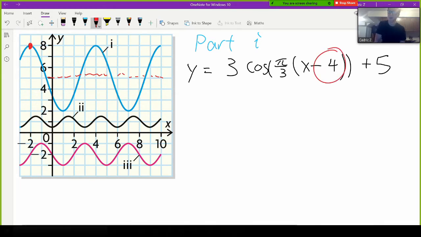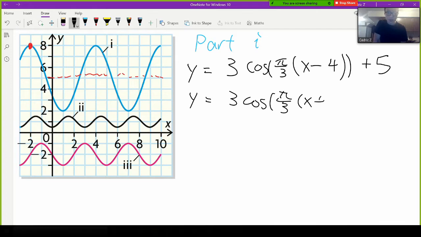So instead of shifting 4 units to the right, if you change the perspective, you can also see it as shifting 2 units to the left. So that means my new function could be y equals 3 cosine of pi over 3 times x plus 2. That's 2 units to the left.